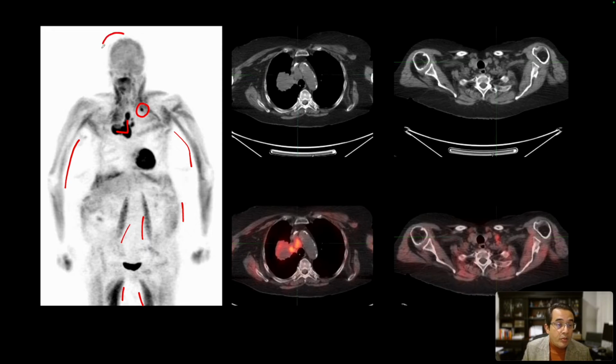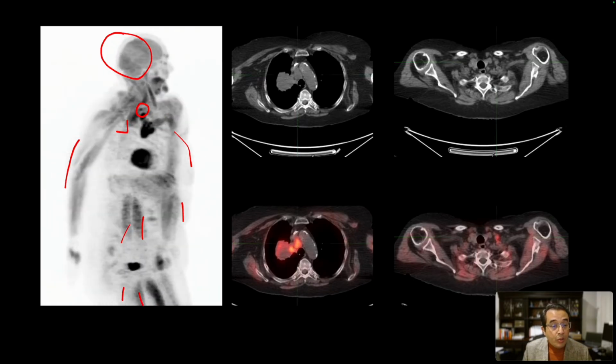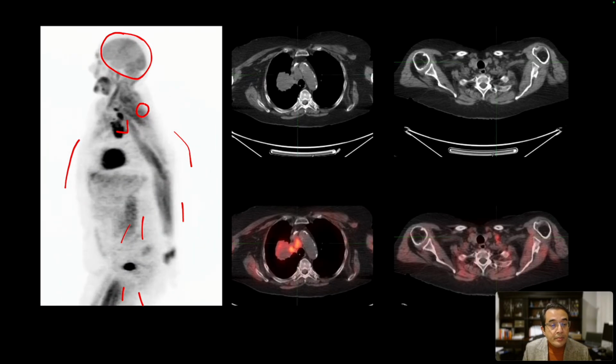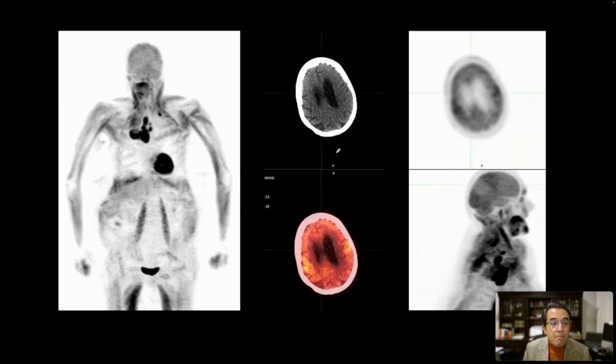We see not very intense uptake in the brain, and here's the rotating image. And further evaluation of the brain images shows that they have a pattern suggestive of Alzheimer's disease, where there is hypometabolism in bilateral parietal and temporal lobes, also hypometabolism in bilateral frontal lobes, with preserved sensory motor cortex activity on both sides.